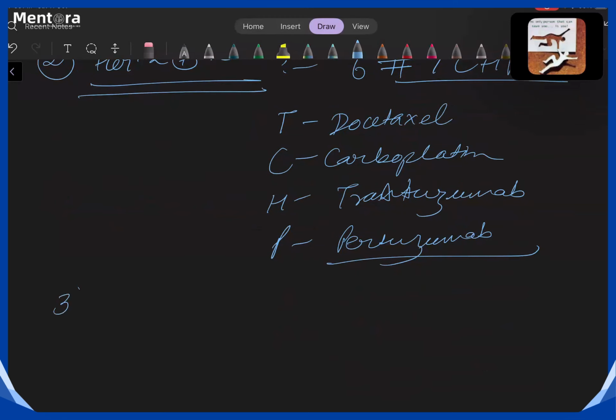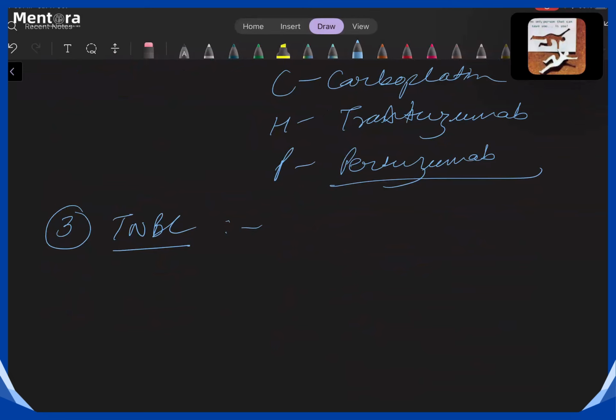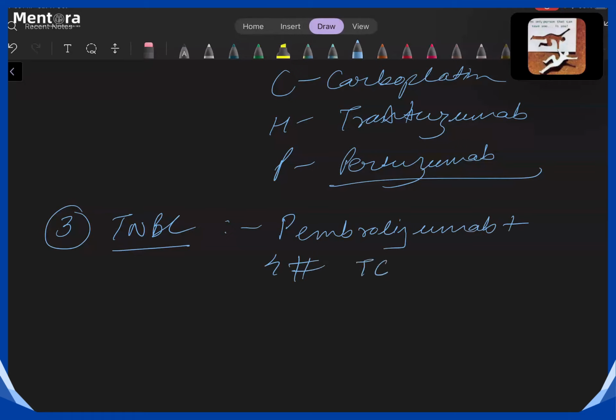Now, the third type is triple negative breast cancer, which is ER PR negative and HER2 negative. The chemotherapy regimen in this would be, now with a class 1 evidence, pembrolizumab with 4 cycles of TC, that is paclitaxel and carboplatin, followed by pembrolizumab and 4 cycles of AC.